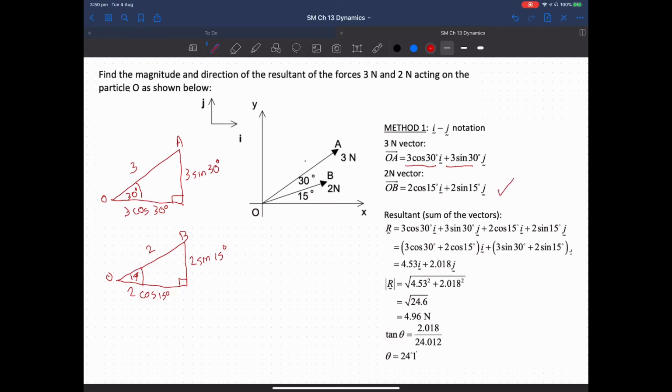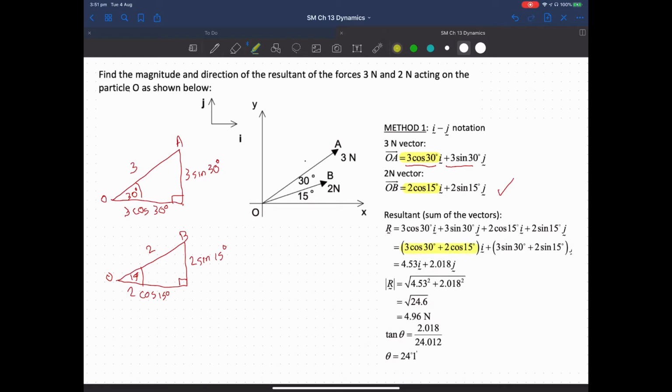The resultant sum of those vectors, that is adding the two vectors together, what we would do would be to add the two I components, 3 cos 30 degrees, 2 cos 15 degrees, that are both operating in the direction of unit vector I. They are added together.